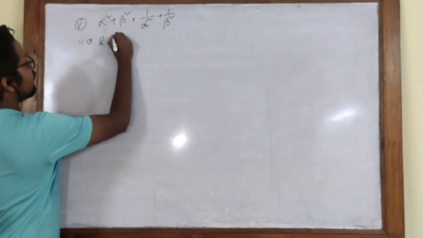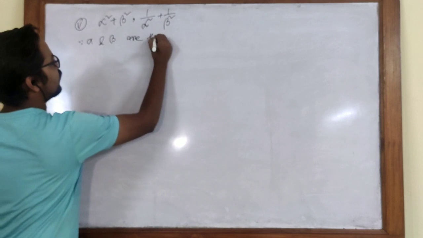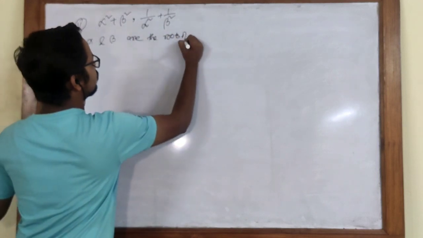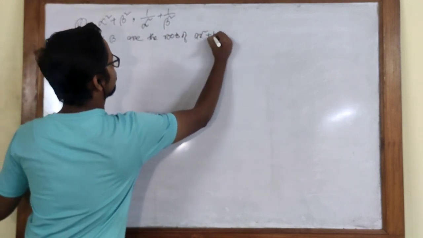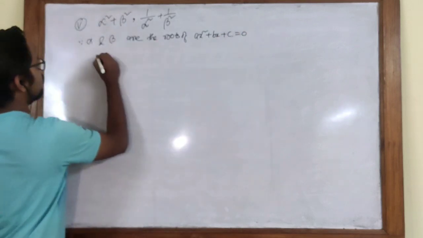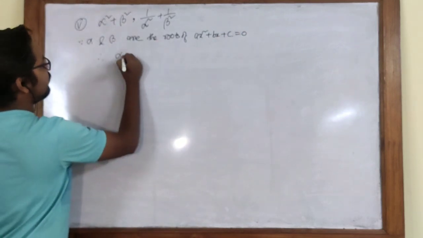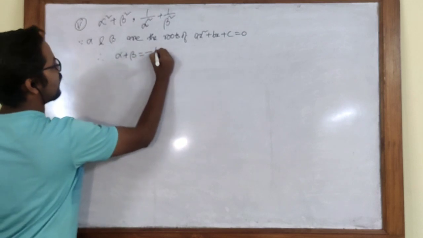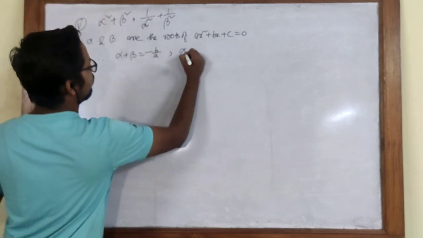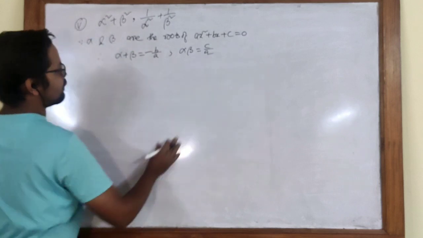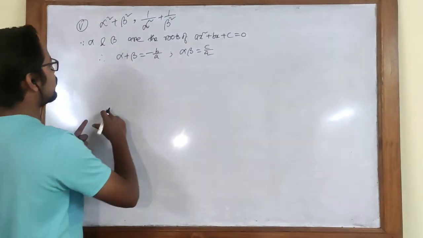Since alpha and beta are the roots of ax square plus bx plus c equal to 0, alpha plus beta will be equal to minus b by a and alpha beta will be equal to c by a. Clear?